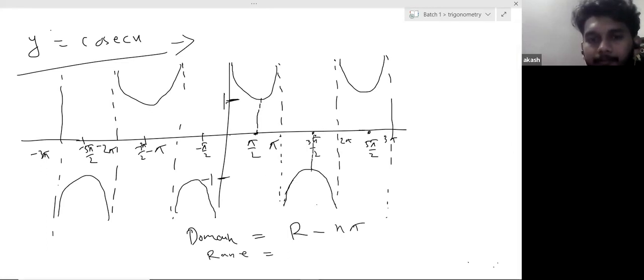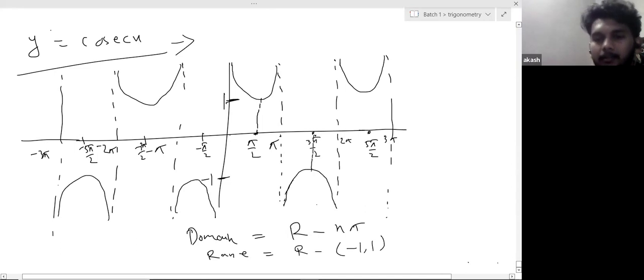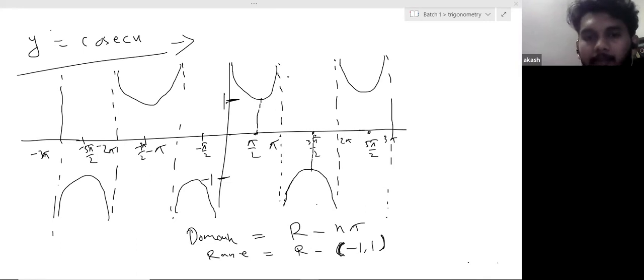The range is all values but not between minus 1 and 1, though they can take the values minus 1 and 1. So open bracket, close bracket, open bracket. I'm using the minus sign, so R minus (minus 1, 1). You can write this in different ways. This is the easiest one.